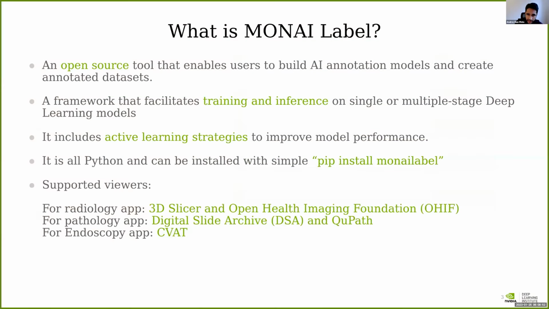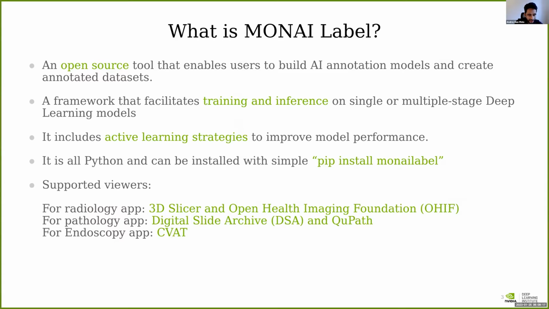So essentially, for those that don't know what MONAI Label is, it is a tool that facilitates the building of AI annotation models, right? So you can easily create AI models, and that means you can train and do inference on single or multi-stage deep learning models, right? It should be very easy for you to create one. That's the idea.